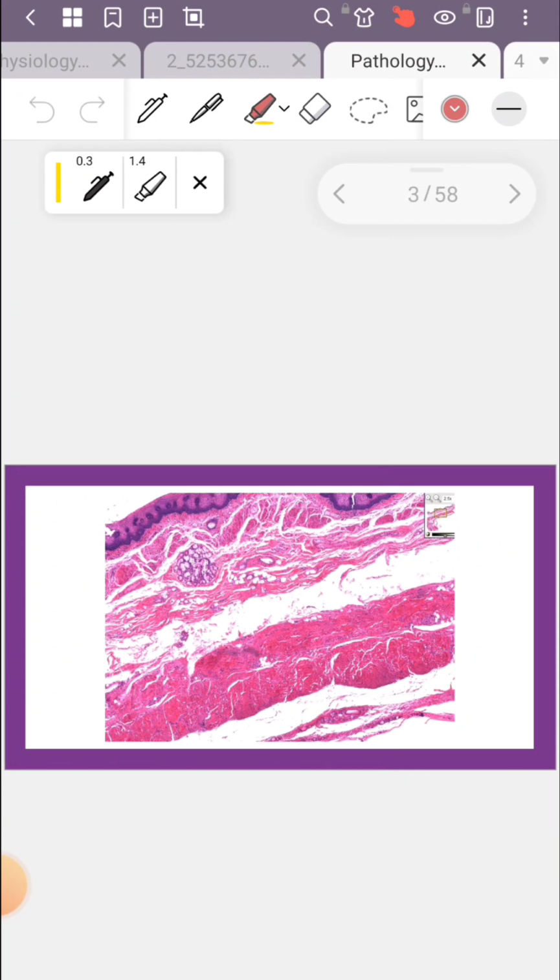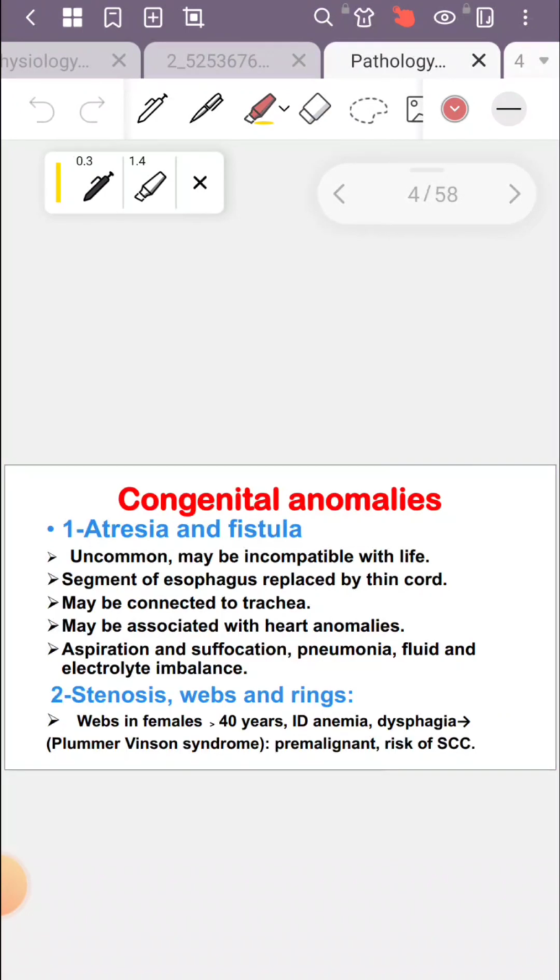It is important to know the congenital anomalies of the esophagus: atresia, fistula, stenosis, webs, and rings. Atresia, what is atresia? It means a blind loop, a blind bowel loop. This is atresia.